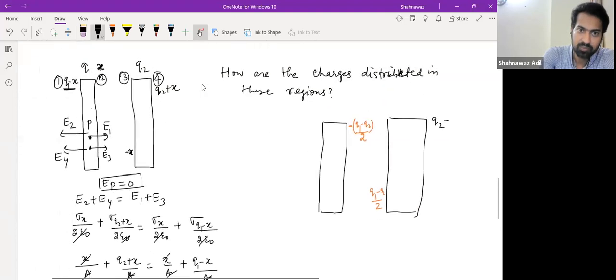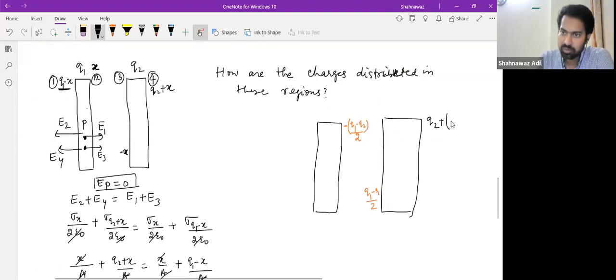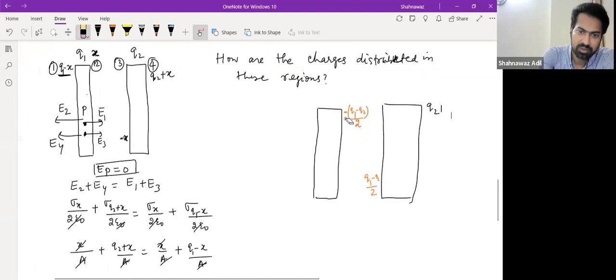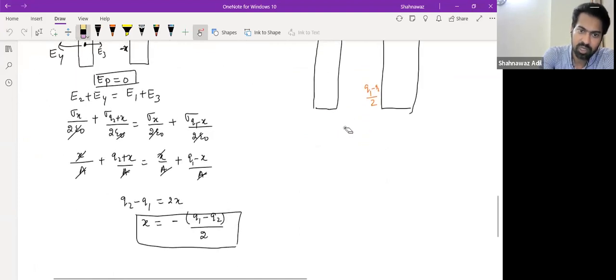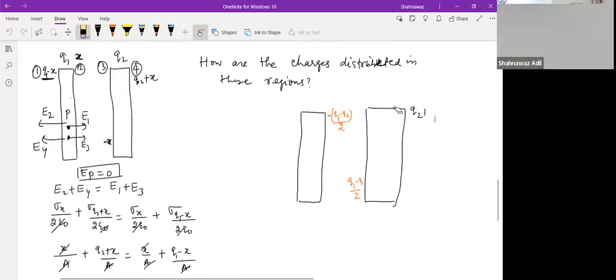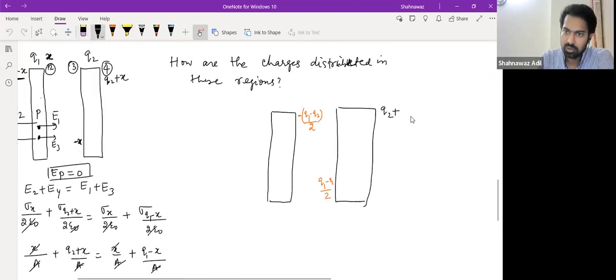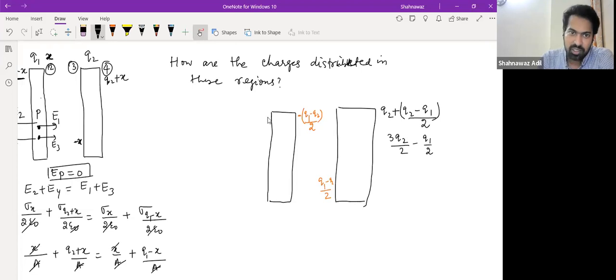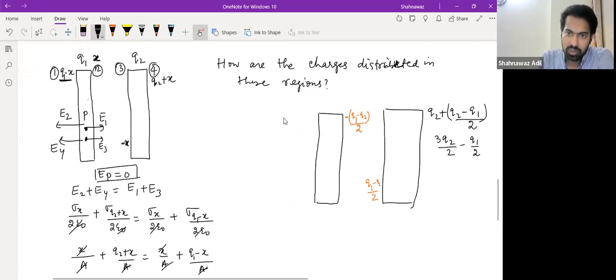So q2 plus minus of how much is that? q2 minus q1 by 2. So this would be how much? q2, and this would be 3q2 by 2, and this would be minus q1 by 2. And this would be how much? q1 minus x.